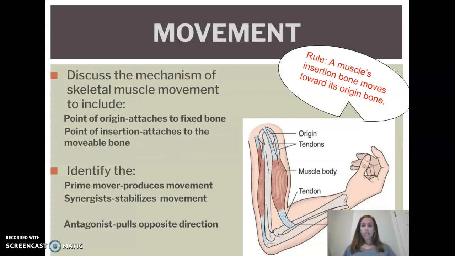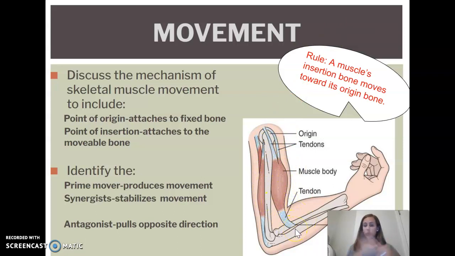So this is talking about movement of a skeletal muscle. The way that a skeletal muscle is set up is it has an origin point and an insertion point. We already know that skeletal muscles are attached to bone by a tendon. So one of those tendons is considered the origination point of that muscle tendon unit, and the other is the insertion point.